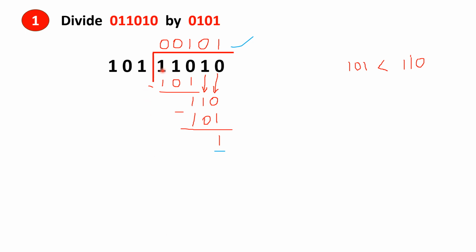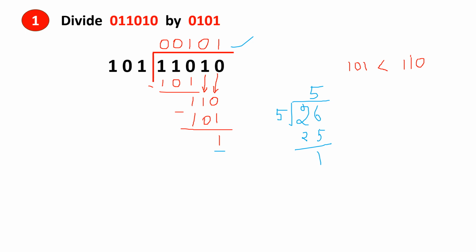The weight of this is 16 plus 8 plus 2, so it is 26, and this one is 4 plus 1, it is 5. So when you divide 26 by 5, you get remainder 1 and the quotient is 5.